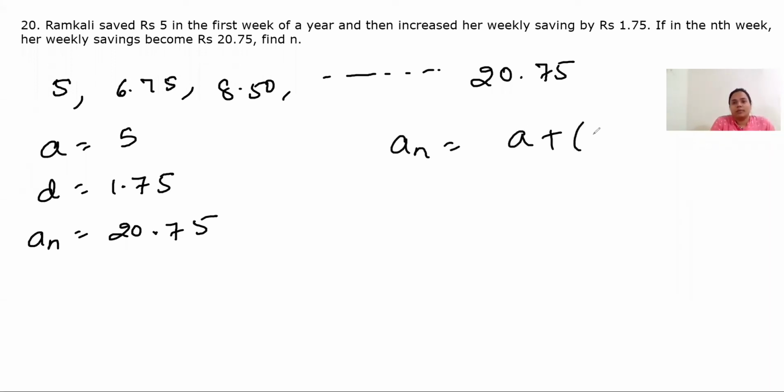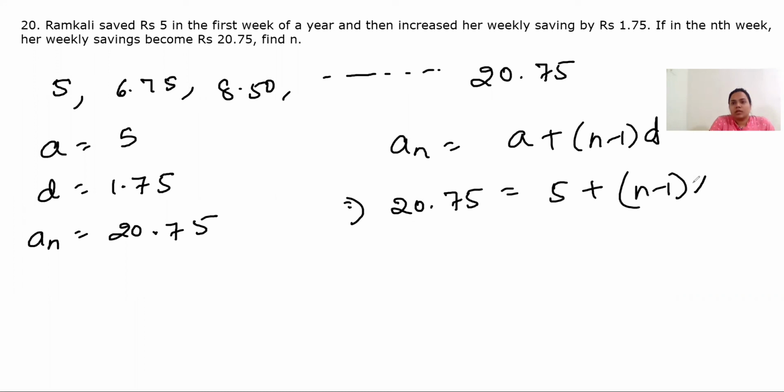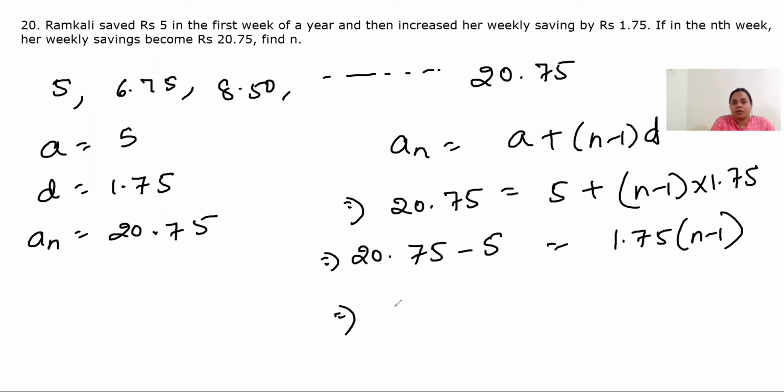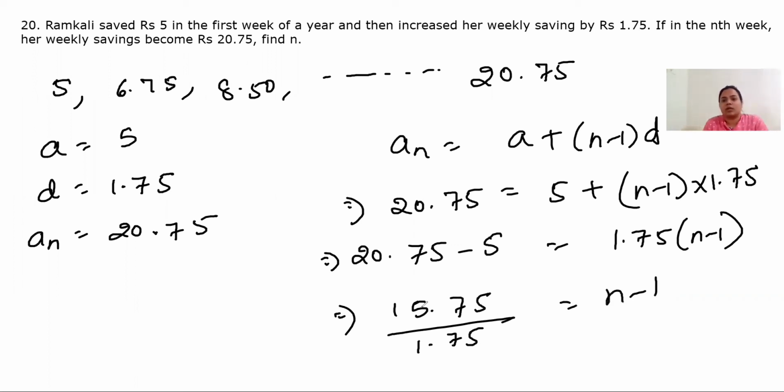AN is equal to A plus N minus 1 D. So 20.75 is equal to 5 plus N minus 1 into 1.75. So first I'll subtract this, minus 5. 15.75 upon 1.75 is N minus 1.